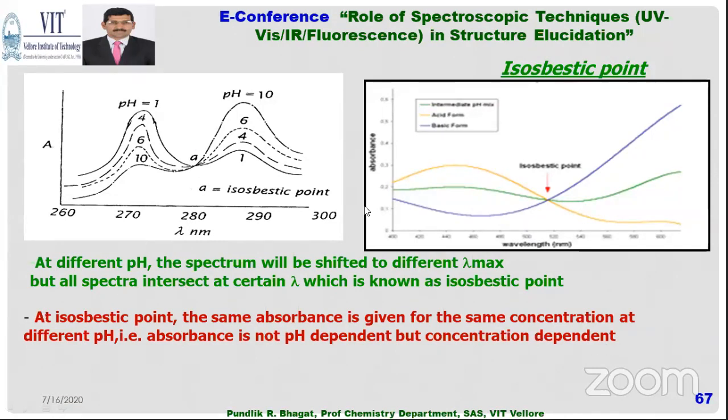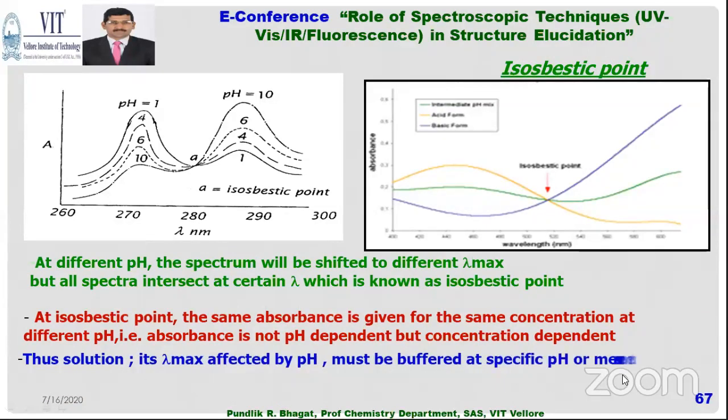So this point helps the researcher to use UV visible spectroscopy at a particular pH. Thus we can say the lambda max is affected by pH, and it must be buffered at a specific pH during the absorption. So this is a very good point.